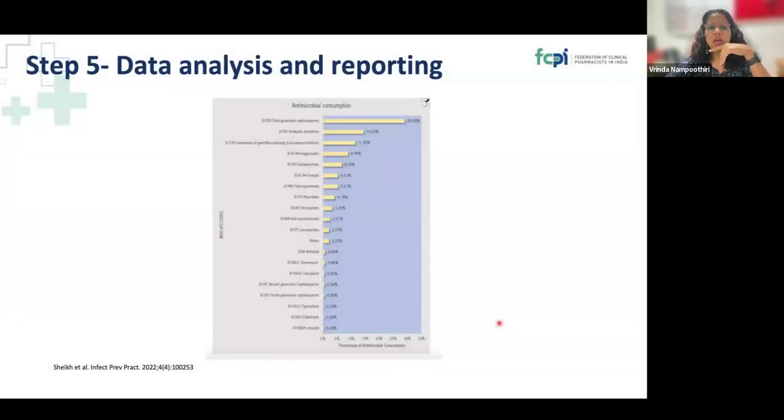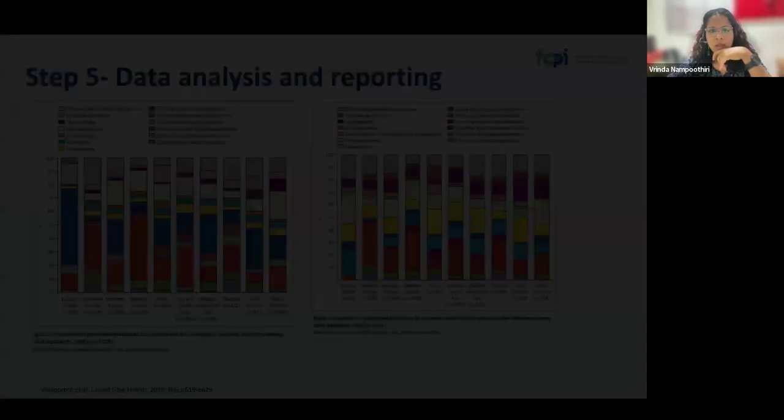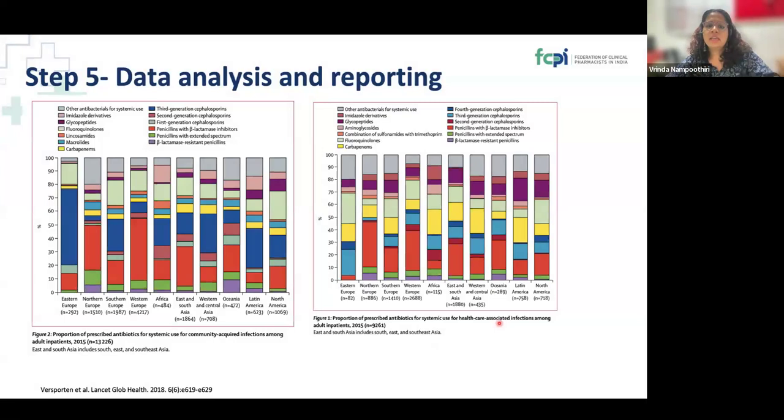So this is again another way of doing bar graphs, where the authors have actually compared the different antimicrobial consumption in the hospital. So one look at this itself, you'll understand that third generation cephalosporins are the mostly consumed antimicrobial in that particular setting. So like I mentioned, this is again a stacked bar graph comparing the data between different regions. So you have Eastern Europe, Northern Europe, Southern Europe, Western Africa, East and Southeast Asia.